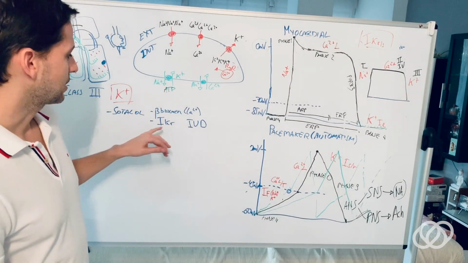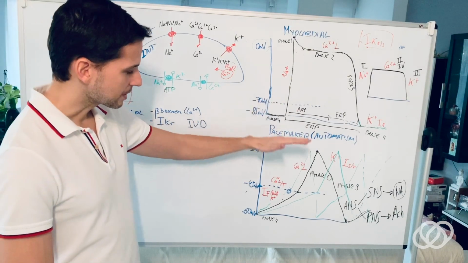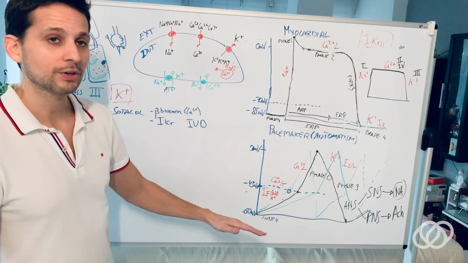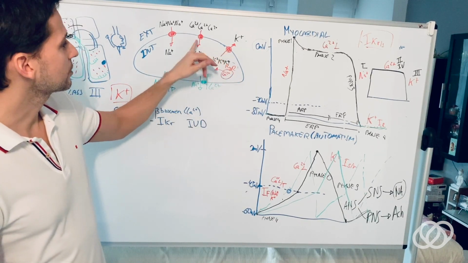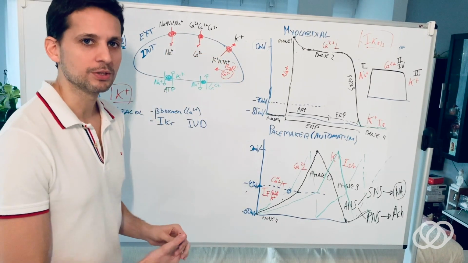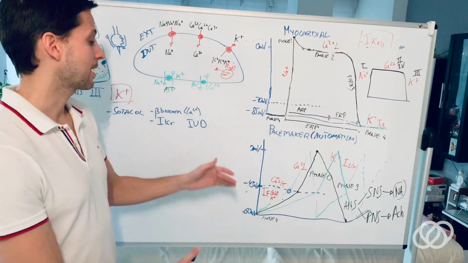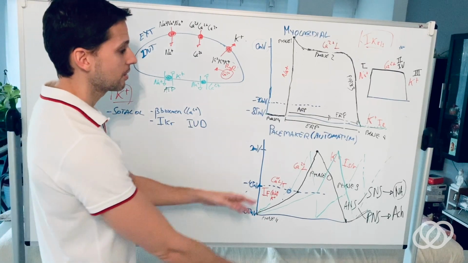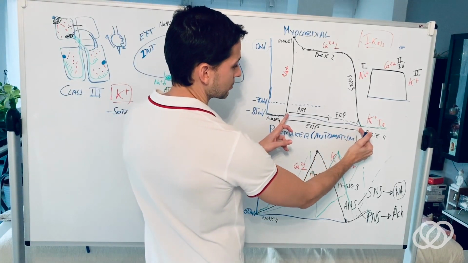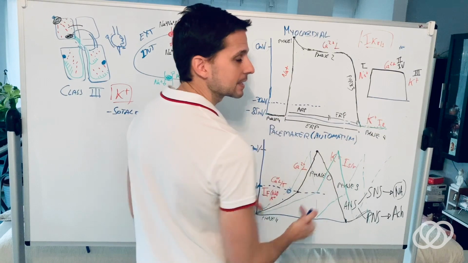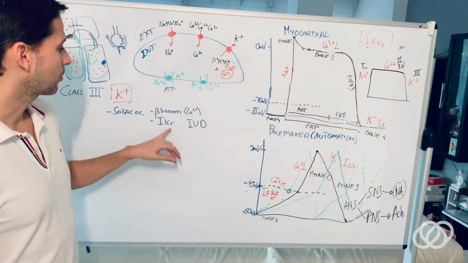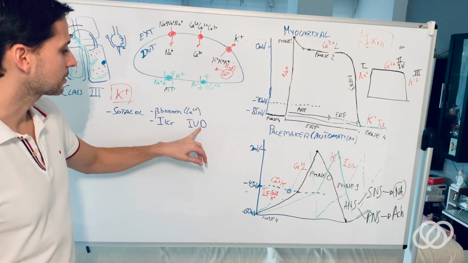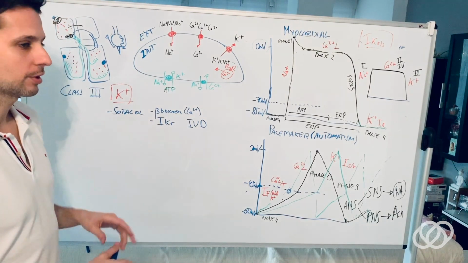Sotalol, because it's a beta blocker, brings the heart rate down. So with a lower heart rate, the channels are going to be used less. And when they are less used, because we have inverse use dependence, the refractory period, the action potential, will increase. In the end, what does it mean that we have an inverse use dependence with sotalol?